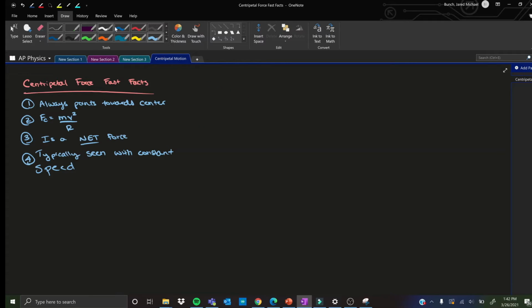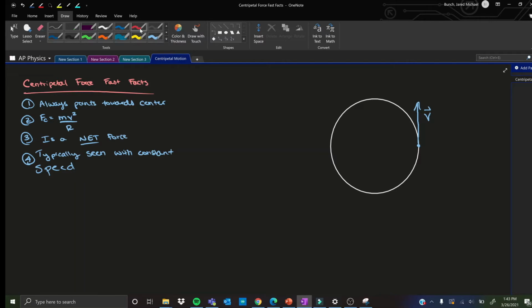So the first point here is that centripetal force always points towards the center of motion. So let's say you're traveling along this circle here, and we know that this is your path, and so velocity is always tangential to the path. So this would be your velocity.